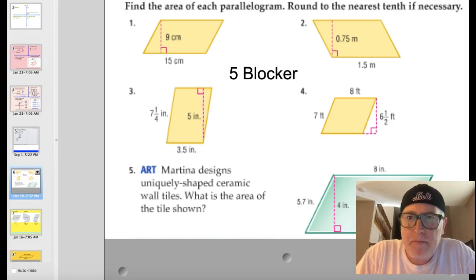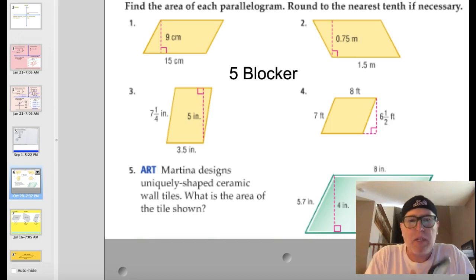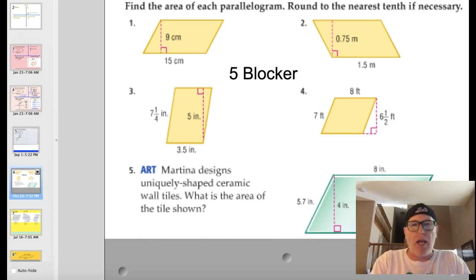All right. Base is 1.5 meters times 0.75. Should be 1.125, or 1 1/8. 1.125 meters squared.